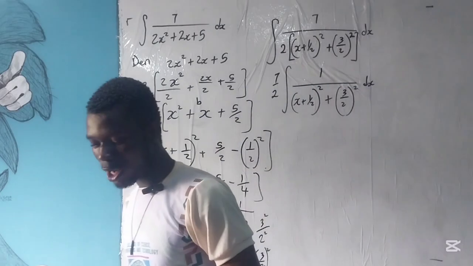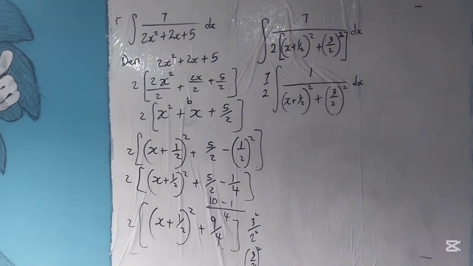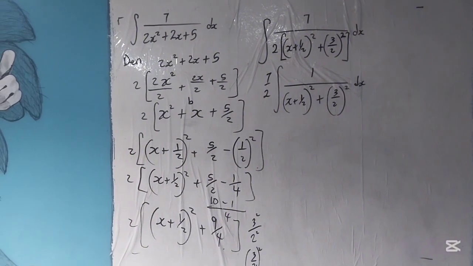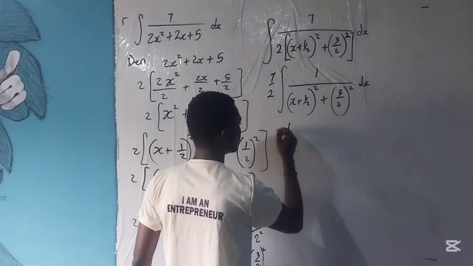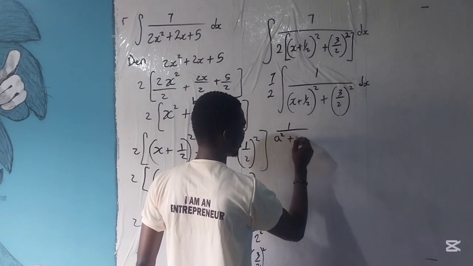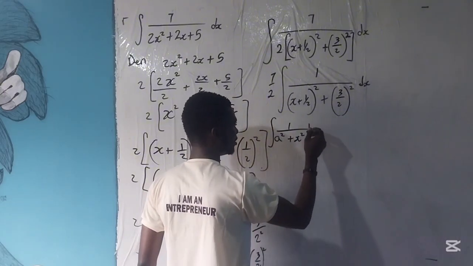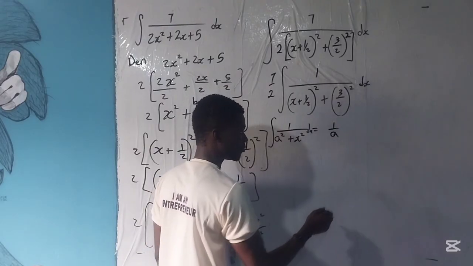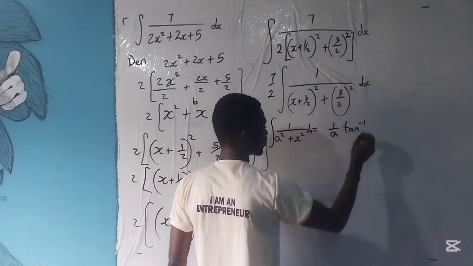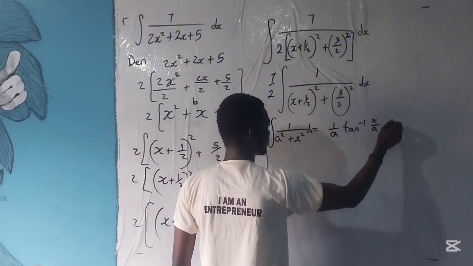Now, according to some of the laws of integration, we can do something here by saying that using this law, if you have 1 over a squared plus x squared, the integral of 1 over a squared plus x squared dx gives us 1 over a, tan inverse or arctan of x over a, plus c.